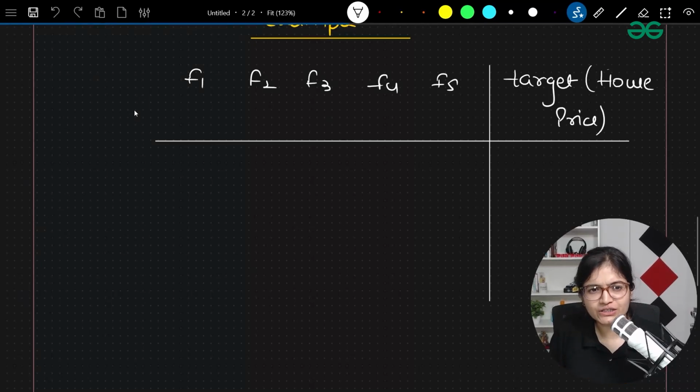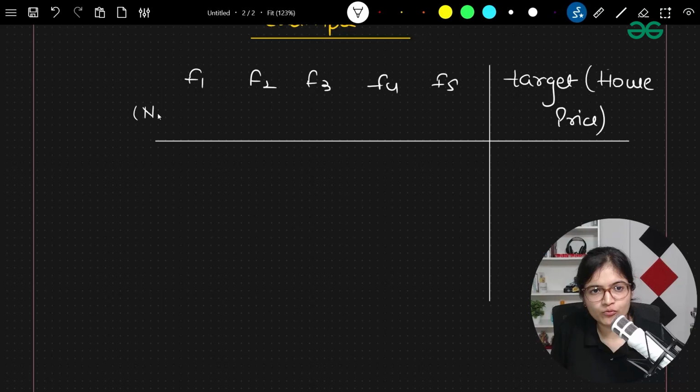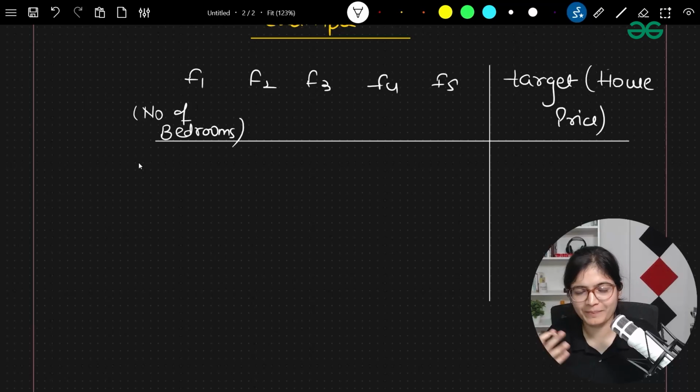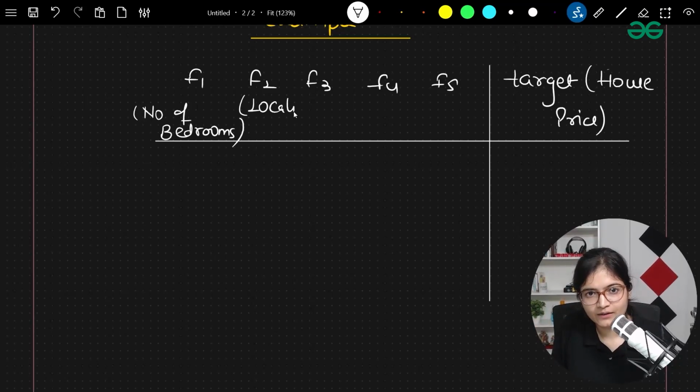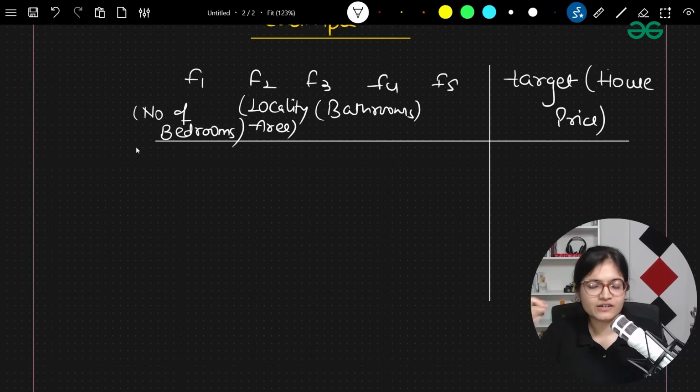Let's say the features can be the number of bedrooms, whether it is a 2 BHK, 3 BHK or 4 BHK, since the price level will vary depending on that. Then the locality or area, then maybe the number of bathrooms, and so on. So these are the features. Corresponding to these features, the price of the house will vary for sure.